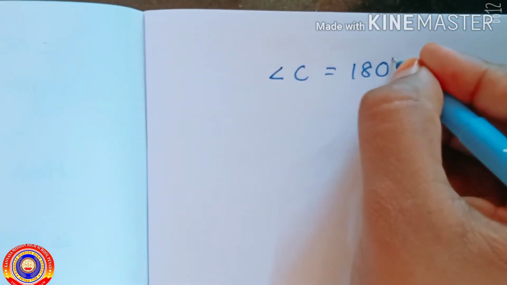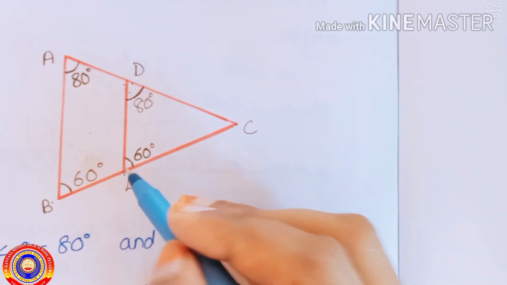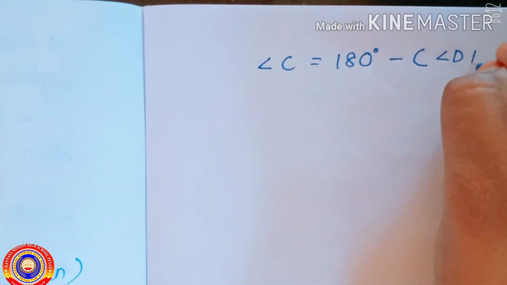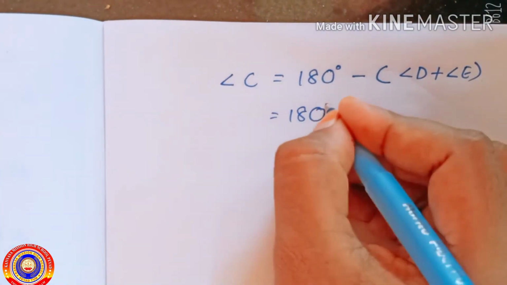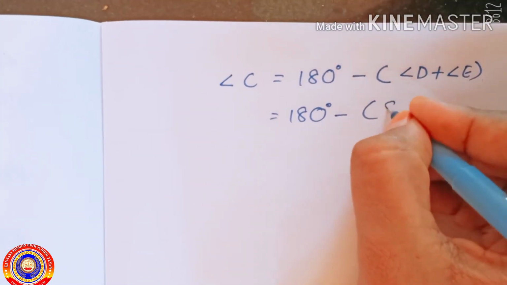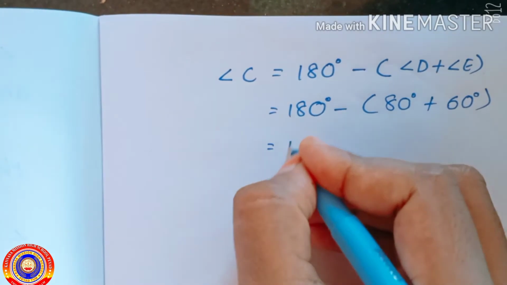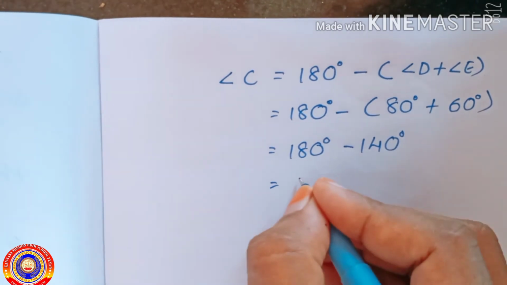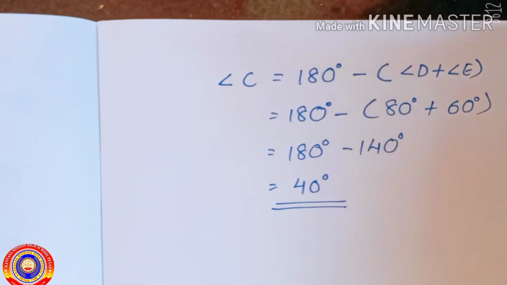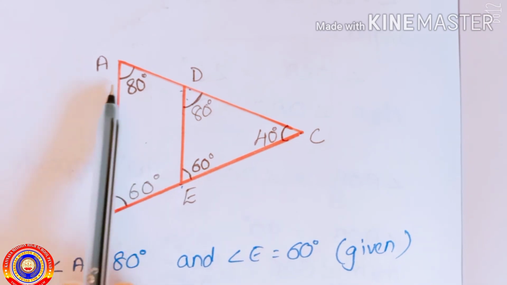Then angle C is equal to 180 degrees minus (angle D plus angle E), which is 180 minus (80 plus 60). 80 plus 60 is 140 degrees. 180 minus 140 is 40 degrees. So angle C is 40 degrees. Thus we got the measurement of all the angles in this figure.